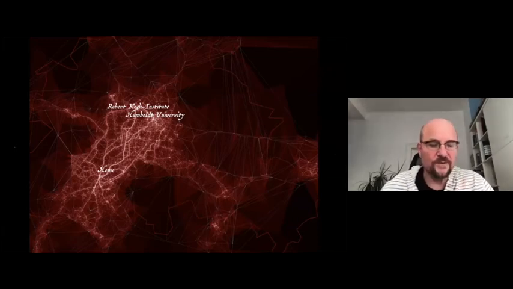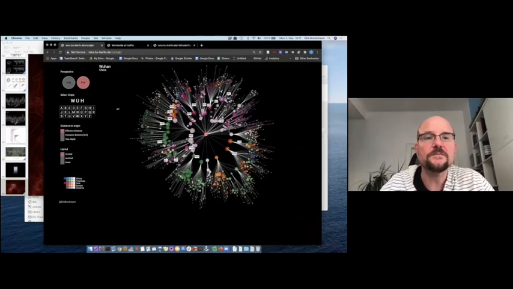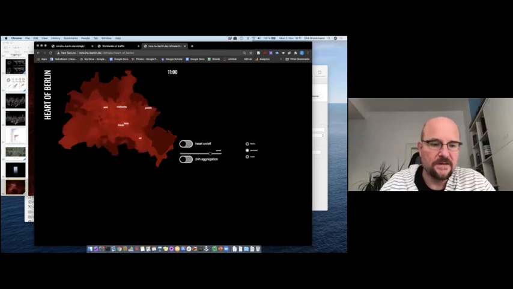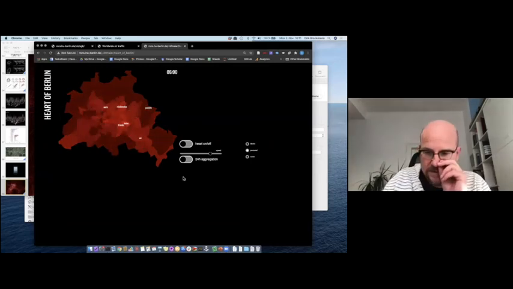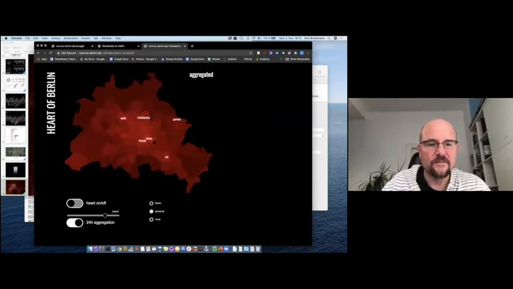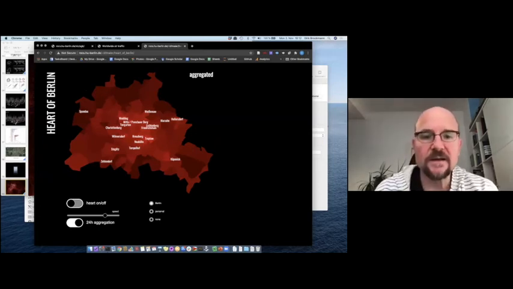And one of the beautiful things that Ben did was, I'm going to show you in the browser again. He wanted to understand mobility patterns in an urban setting. So this is Berlin, and this is Ben's aggregated mobility information.